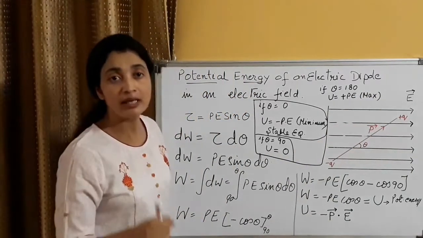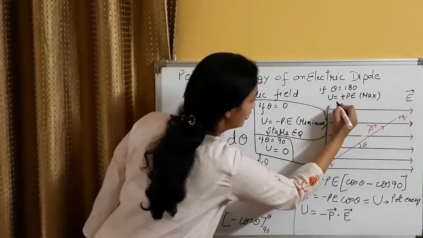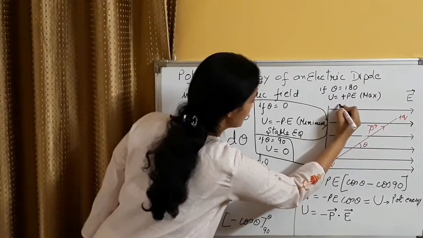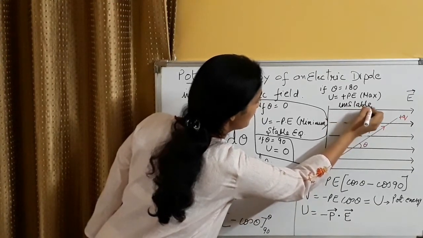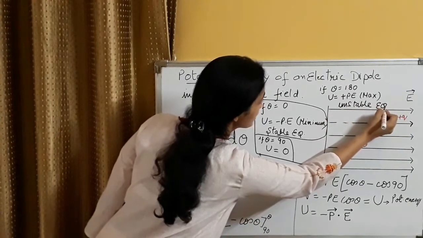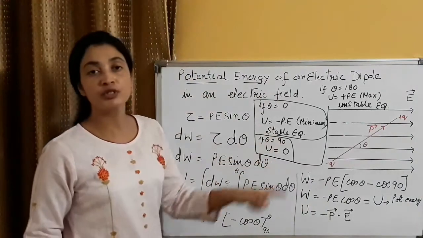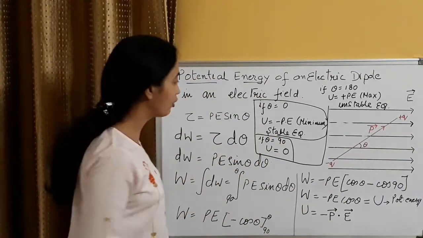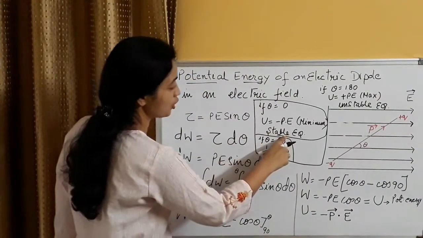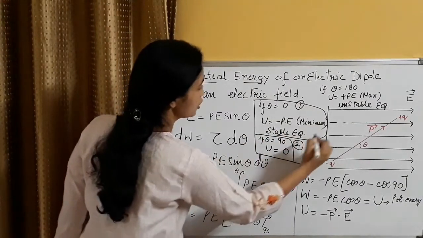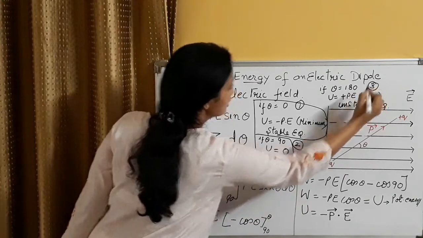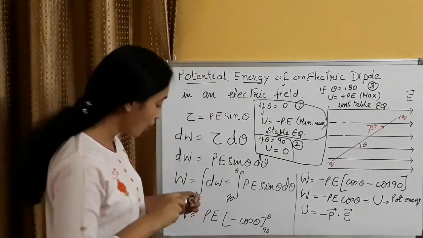When the potential energy is maximum, the equilibrium is unstable. We write it as unstable equilibrium. Anti-parallel position corresponds to unstable equilibrium, and parallel position corresponds to stable equilibrium. This is your first situation, this is your second situation, and this is your third situation.